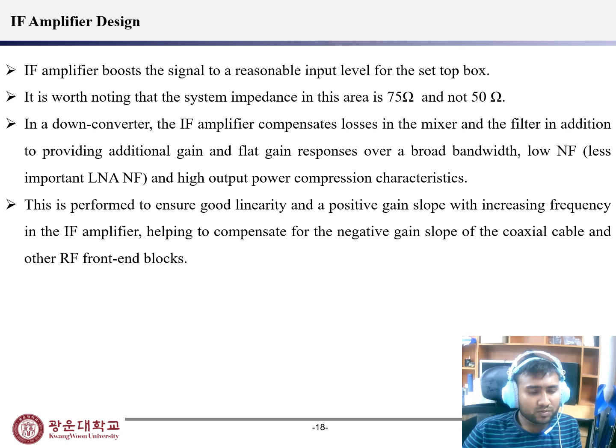In a down converter, the IF amplifier compensates for losses in the mixer and filter, in addition to providing additional gain and flat gain response over a broad bandwidth. This is done to ensure good linearity and positive gain slope with increasing frequency in the IF amplifier, helping to compensate for the negative gain slope of coaxial cable and other RF front-end blocks.